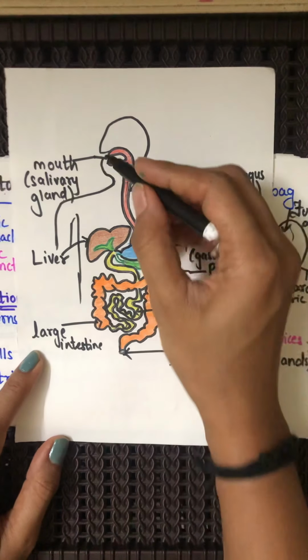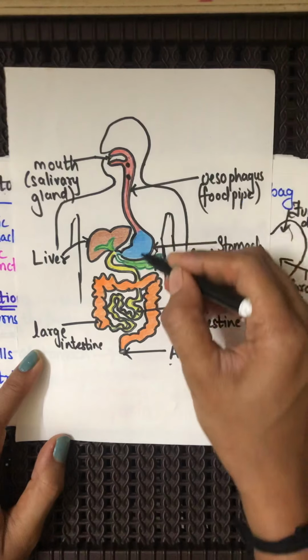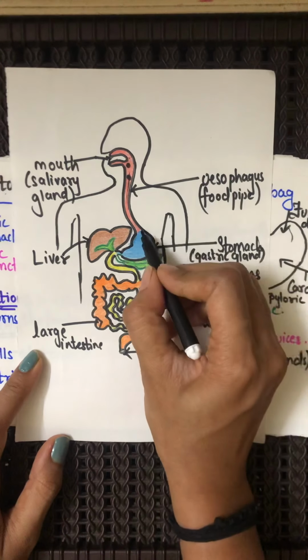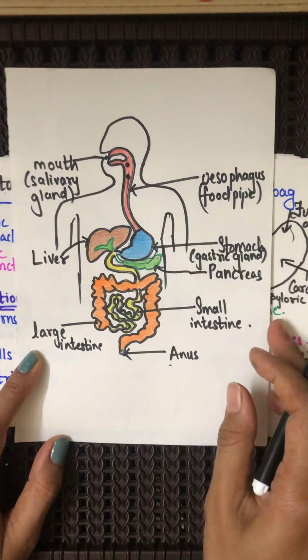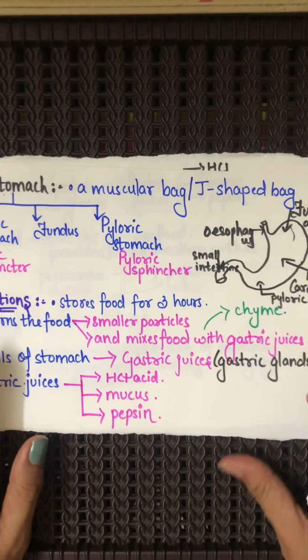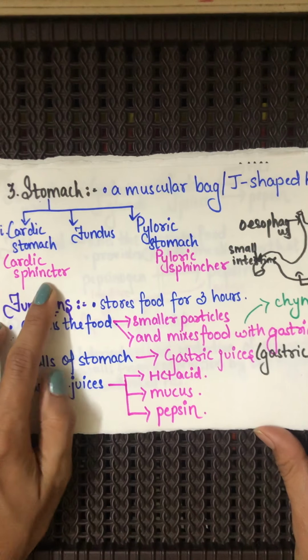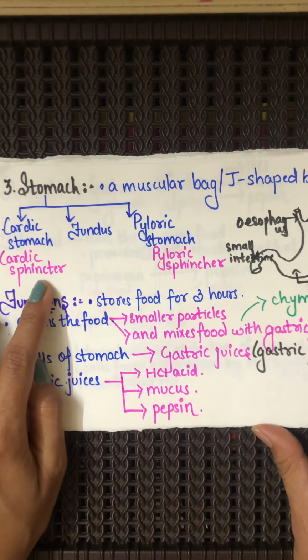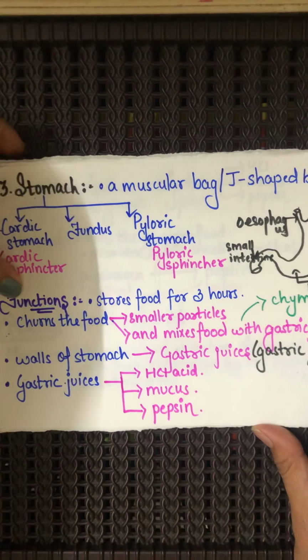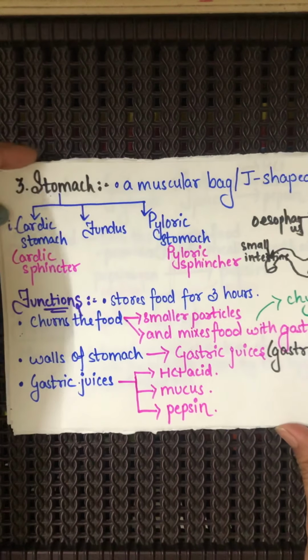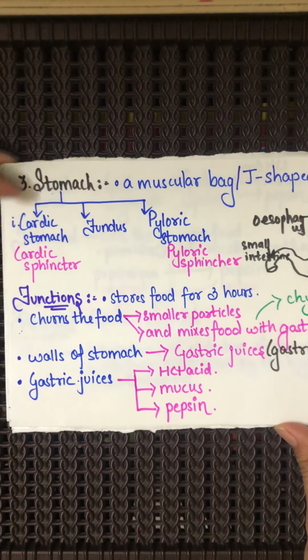Now, not everything you eat can come inside the stomach. So at the very beginning of the stomach, we have a sphincter. A sphincter is nothing but a valve-like structure which helps in the entry and exit of the food material, which opens and closes.